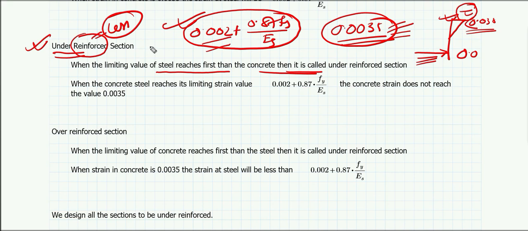But in case of concrete, it is high and the load is considerably less, so it will not enter the failure zone. But as the amount of steel is low, the steel will be under yielding. Okay, so that is why it is called under reinforced.